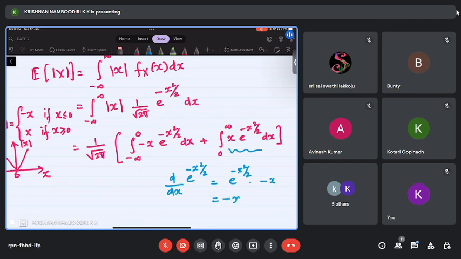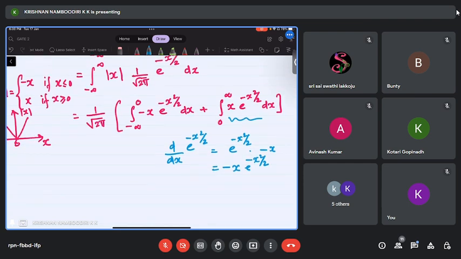Or minus x into e power minus x square by 2 is the differential of e power minus x square by 2, correct? Or in other words, integral of minus x e power minus x square by 2 dx equals what is the value? That is nothing but e power minus x square by 2. Any doubts? It's clear, right? These are inverse operations.